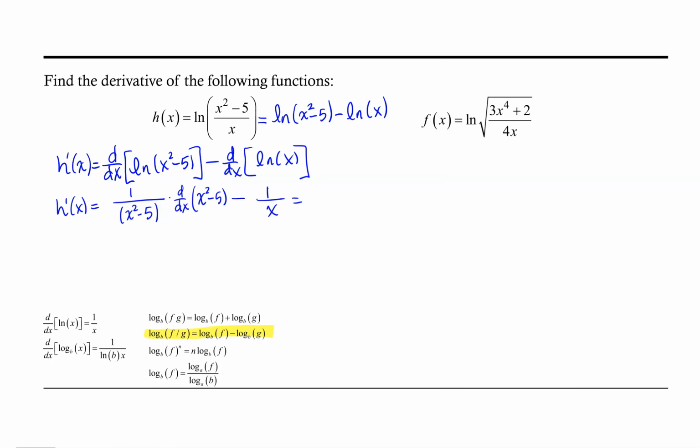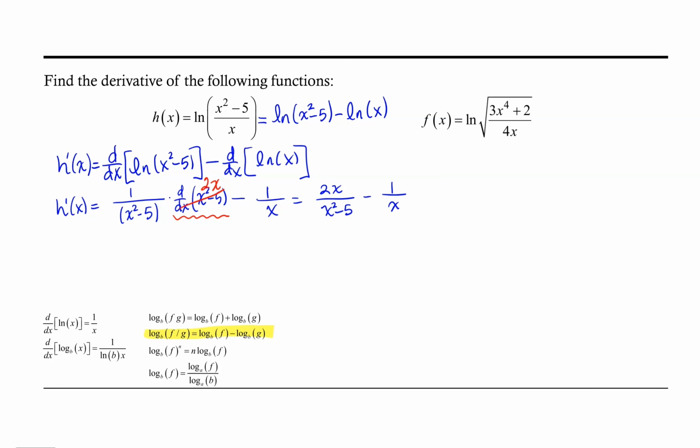So then this ends up giving us the derivative being, first of all, the derivative of x squared minus 5, that is 2x. So we're going to end up with 2x over x squared minus 5 minus 1 over x.